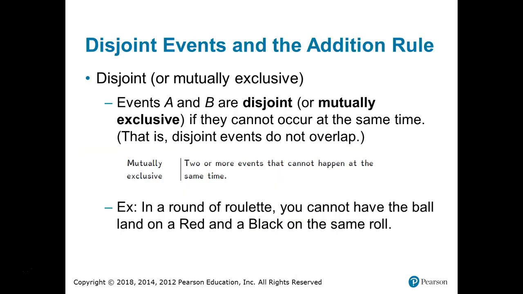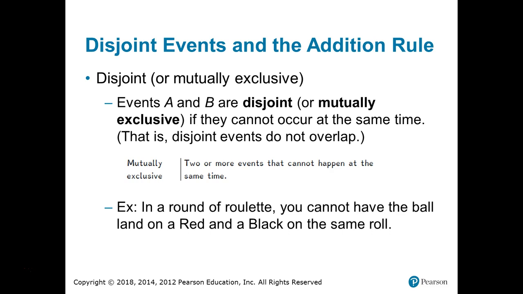Okay, now we will talk about disjoint events and the addition rule. So disjoint is a term that the book uses. I always called it mutually exclusive. And we say that events A and B are mutually exclusive if they cannot occur at the same time. That is, that they have zero overlap.